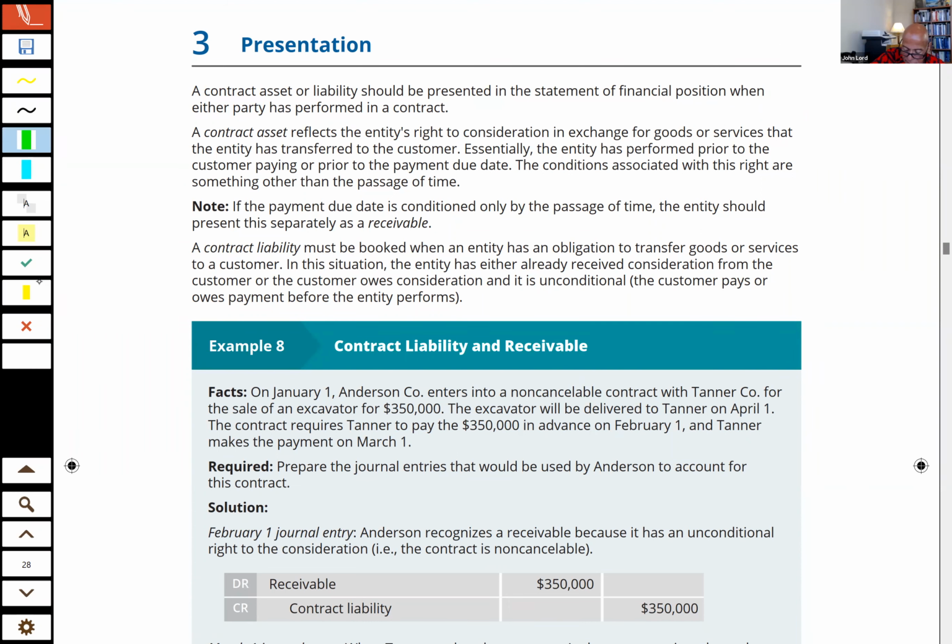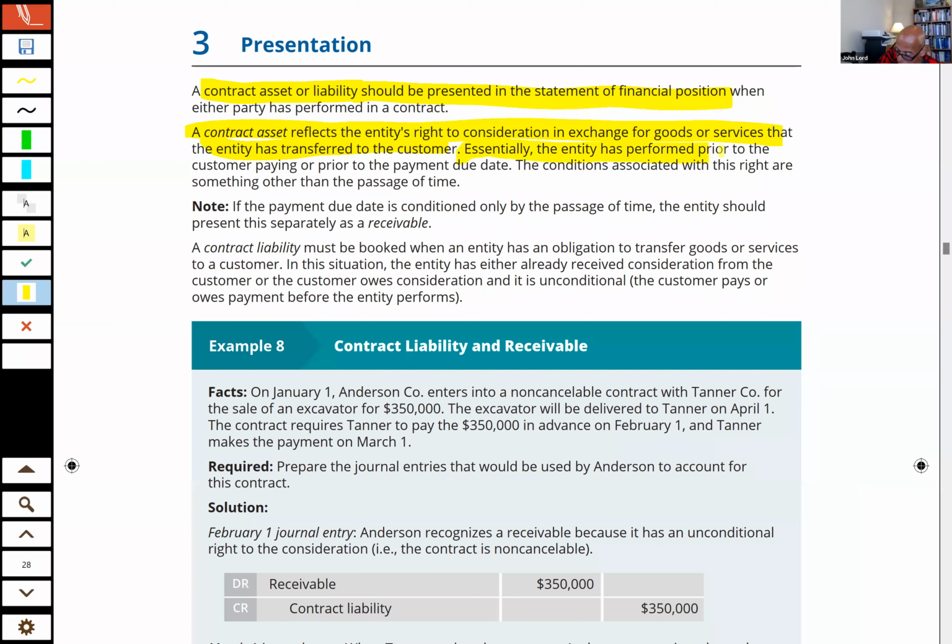So let's just take a look at how we will present on the financial statements these different contract assets, or it could be a contract liability, on our statement of financial position, which is a fancy way for obviously saying balance sheet, since we're talking about assets and liabilities. Now a contract asset reflects the entity's right to consideration in exchange for goods or services that the entity has transferred to the customer.